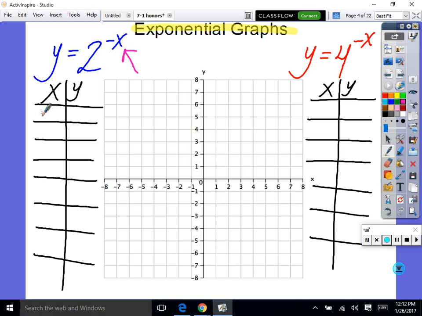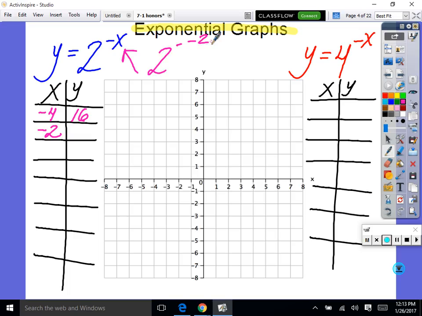Let's plug in -4. That's 2 to the -(-4). Won't that be positive? 2 raised to the negative of a negative. So what's that going to be? 2 to the 4th, right? It is, we said, 16. Plug in -2. 2 to the negative of -2.